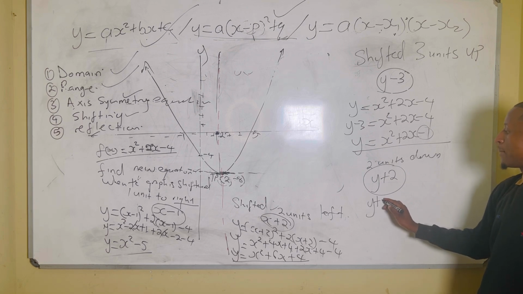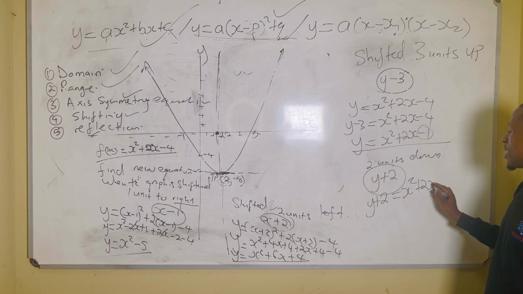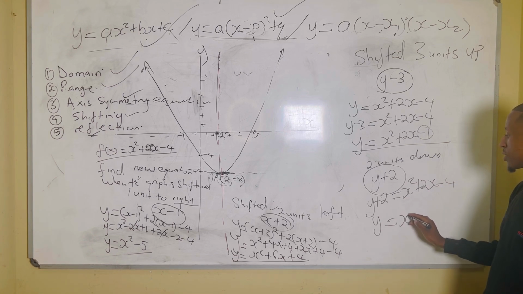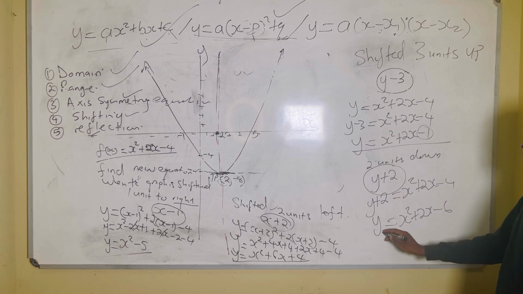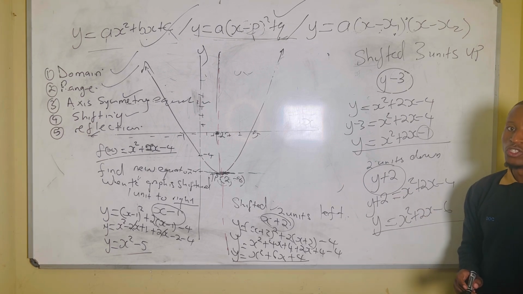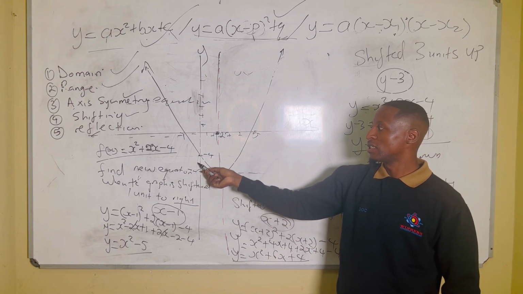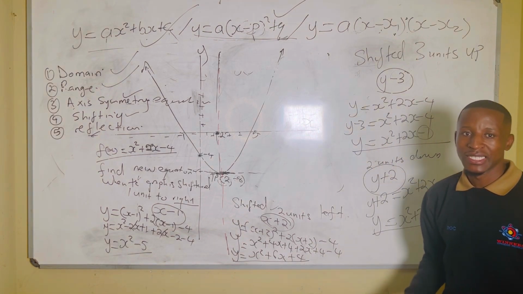It's going to be y plus 2 equals x squared plus 2x minus 4. If you transpose, x squared plus 2x, you will get a negative 6. This will be your new equation. And it must make sense that if you shifted 2 units down, this y value or y-intercept must go to negative 6.